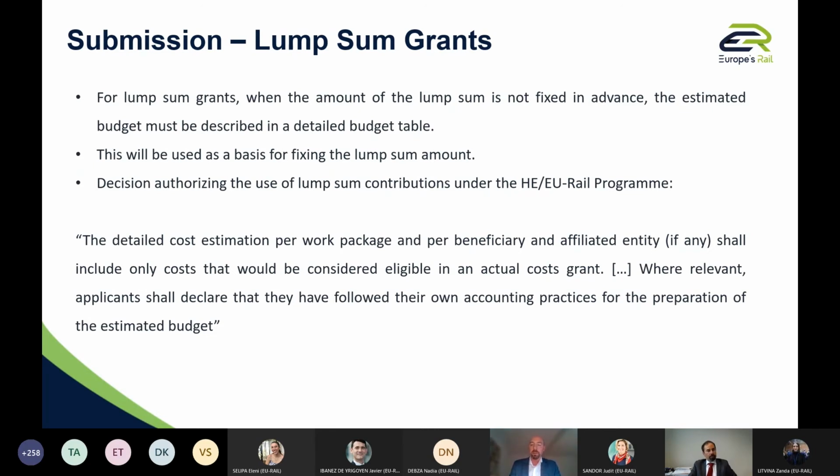This has to be taken into consideration. When the costs are summed up, then we have a total amount per beneficiary, affiliated entities, and per work package. And then we will evaluate ex ante, before the grant start, before the implementation, whether or not the cost has been properly budgeted, estimated, and therefore we would confirm the amount of lump sum. Next slide, please.